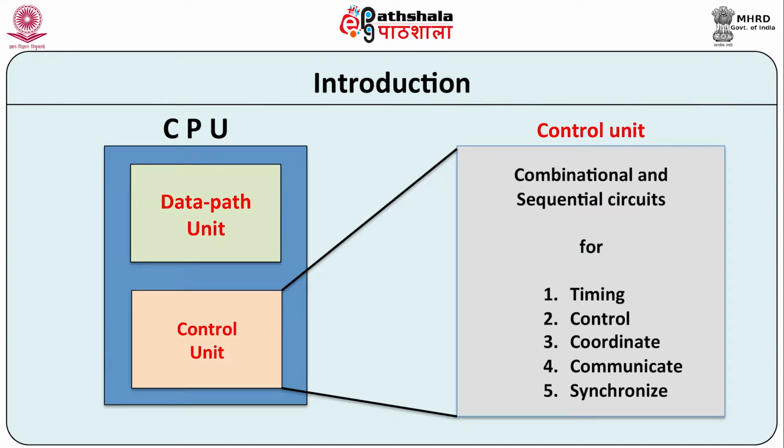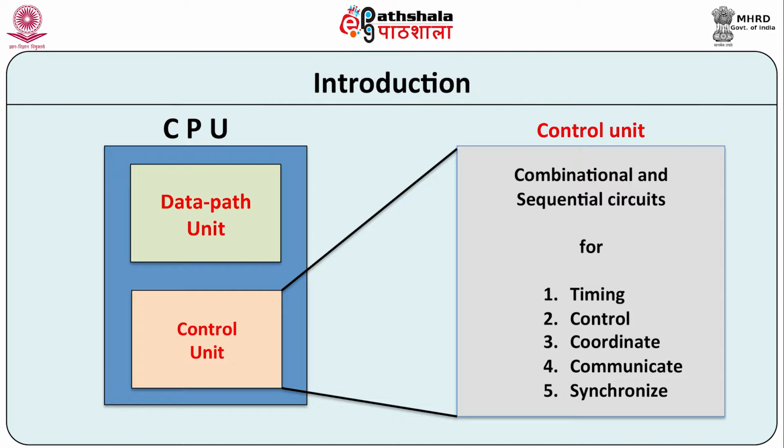The control unit is the hardware that tells the data path unit what to do in terms of activating or enabling the internal sections, selecting the desired operation, movement of data between various parts, etc. It basically includes basic combinational and sequential circuits to perform the following different functions: timing, control, coordinate, communicate and synchronize.